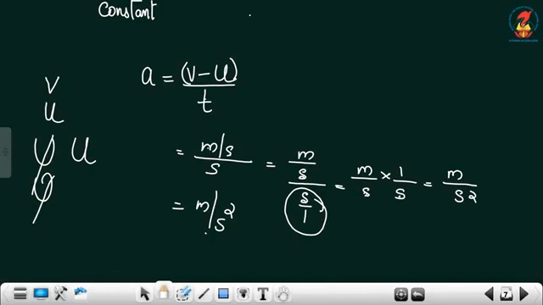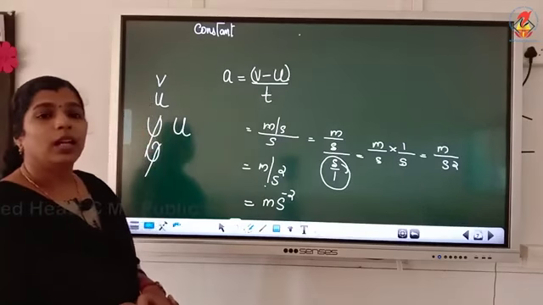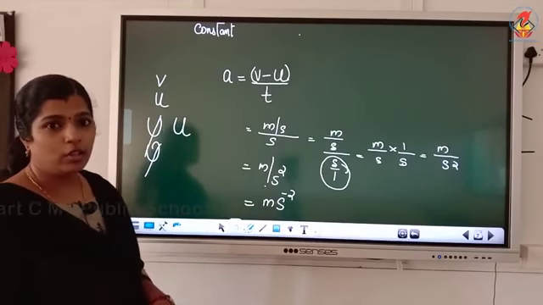One more method is there to write it, that is meter second raised to minus 2. In this way also we can write the SI unit of acceleration. So, how does meter square come in the unit of acceleration?